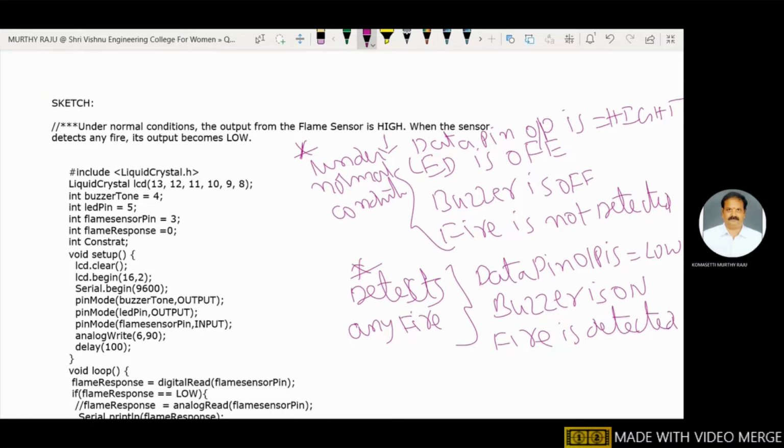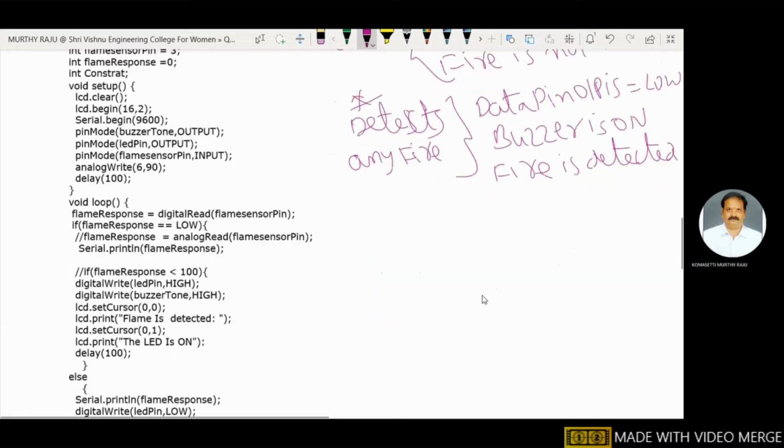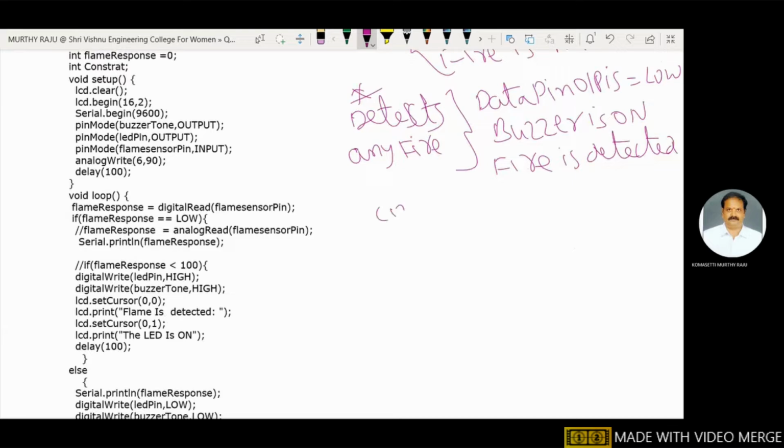First one, in this sketch, LCD interface with Arduino.